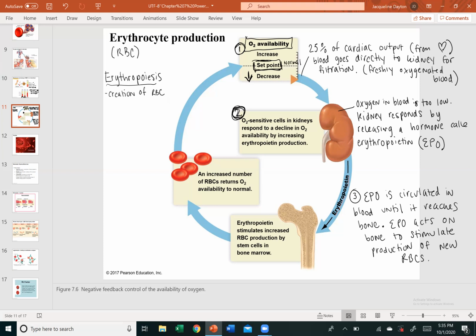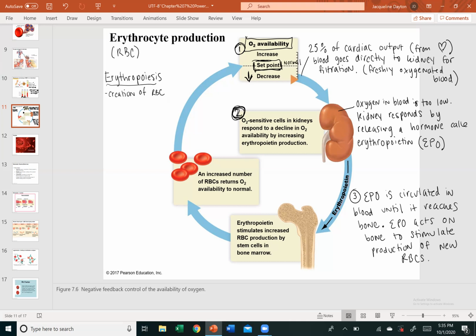Okay. This concept was also introduced to you within your blood case study for your biology lab section, that very first lab, okay? So when the EPO circulates throughout the circulatory system and hits the bone, it is going to act specifically on the bone marrow, the substance that's inside of the bone.